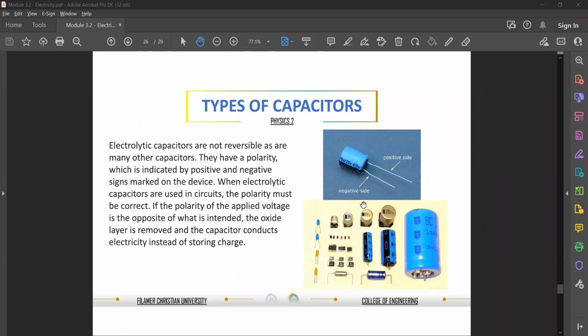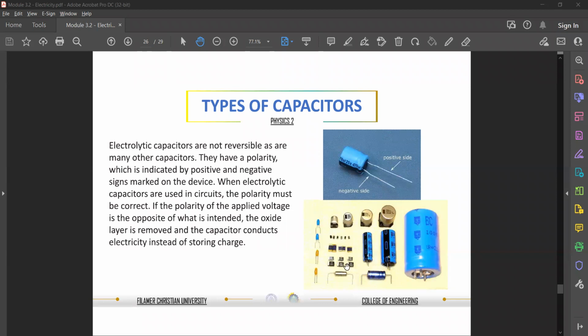They are not reversible like many capacitors, and they have polarity, which is indicated by positive and negative signs on the device. Otherwise, the applied voltage is the opposite, and the oxide layer is removed, and the capacitor conducts electricity instead of storing charge.